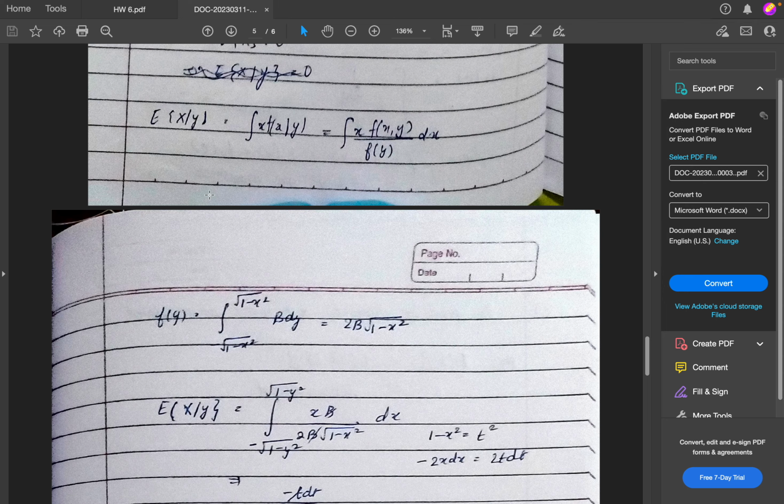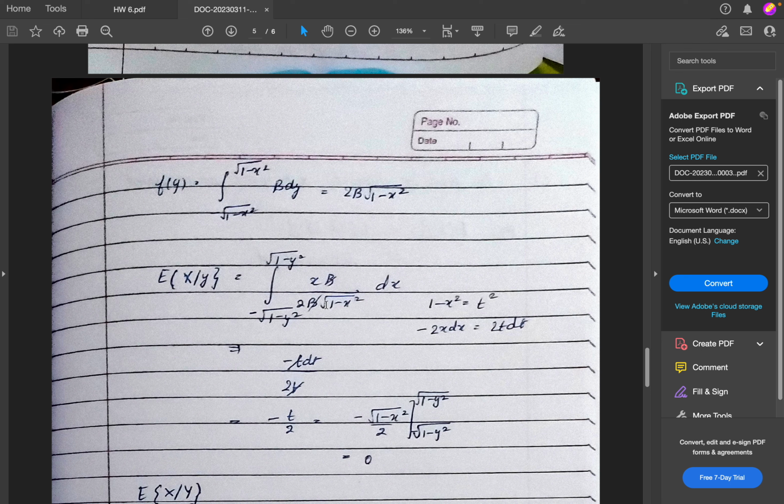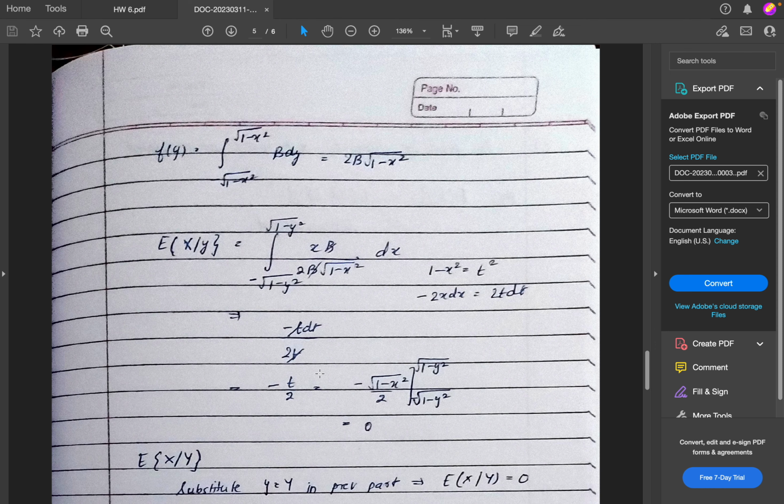Now to find the expected value of x given y, we'll just substitute the f of y that we calculated and take the integral. Here, to find the integral, we are substituting 1 minus x square equal to t square. So minus 2x dx will be equal to 2t dt, and when we take the integral, we'll find that it is equal to 0.